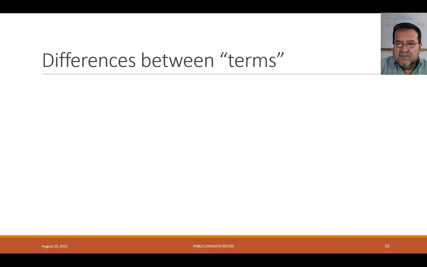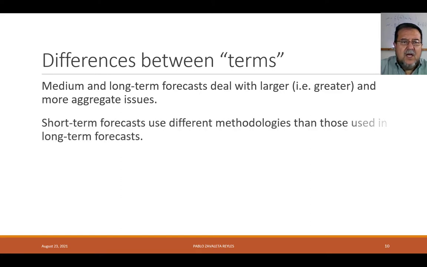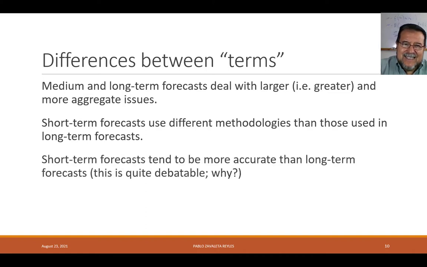And remember, medium and long-term forecasts deal with larger and more aggregate issues. Short-term, on the other hand, use different methodologies. They tend to be more accurate than long-term forecasts, although this is very debatable. Why?